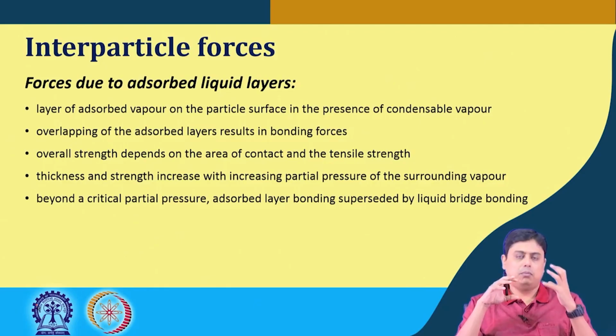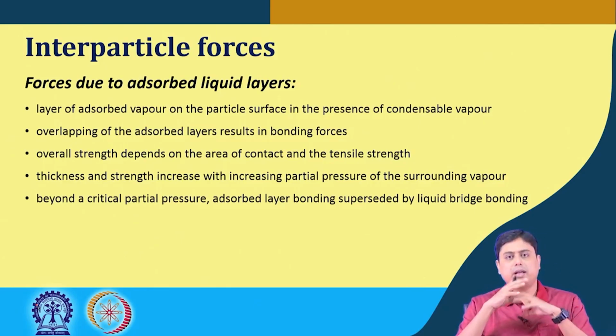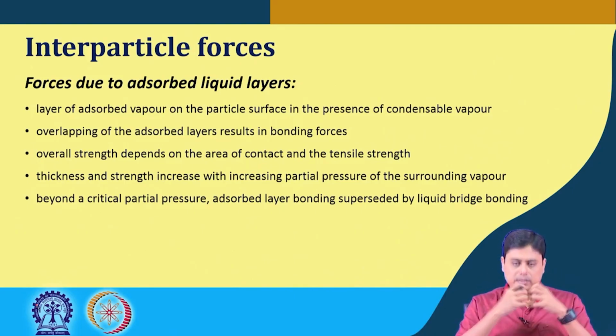So if we have a bunch of particles surrounded by condensable vapor, the particle surface adsorbs that vapor and results in an adsorbed layer of that liquid, and this results in bonding force, because if these particles are in contact, this adsorbed layer forms a bridge between the two.